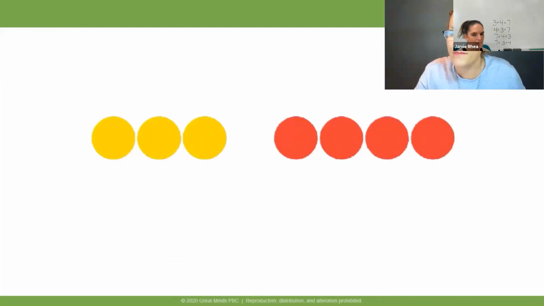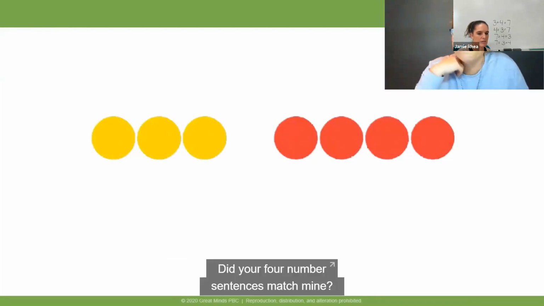Pause the video if you need some extra time. So let's see, we have 3 yellow and 4 reds. But we could say 3 plus 4 equals 7. Flip it around and say 4 plus 3 equals 7. We could start with 7. 7 equals 4 plus 3, or 7 equals 3 plus 4.